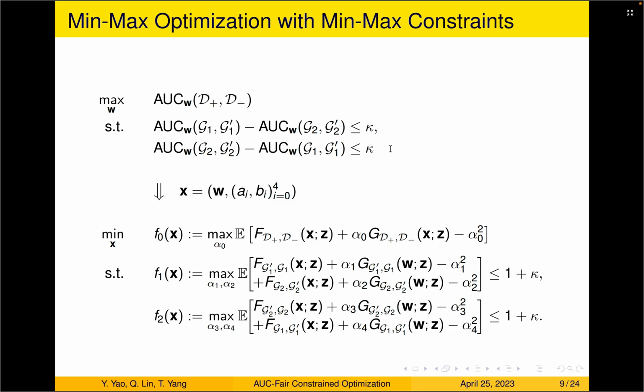And with this min-max formulation, we can write the original formulation as a min-max optimization with min-max constraints. So here we use X to represent w, a_i, and b_i. And the original formulation becomes minimize F0 subject to F1 and F2 smaller than or equal to 1 plus kappa.